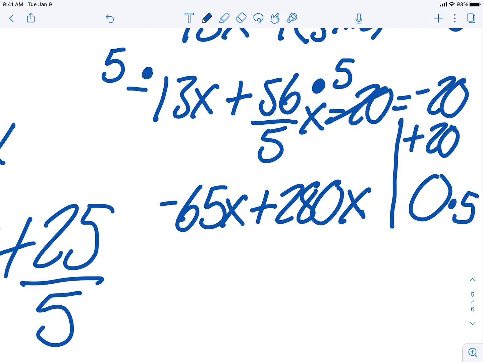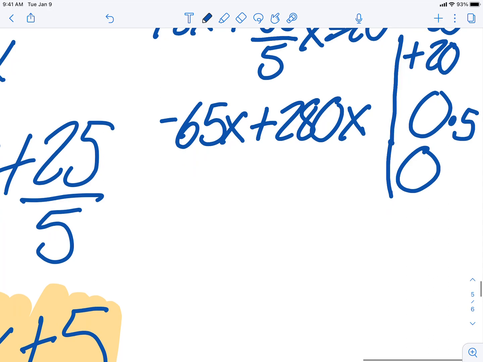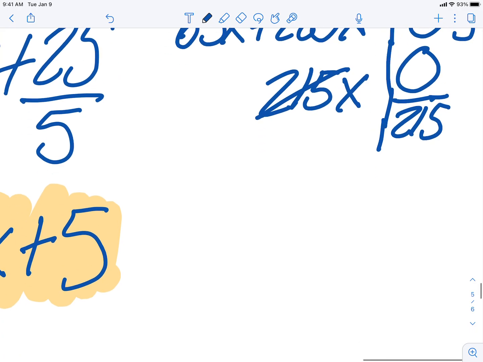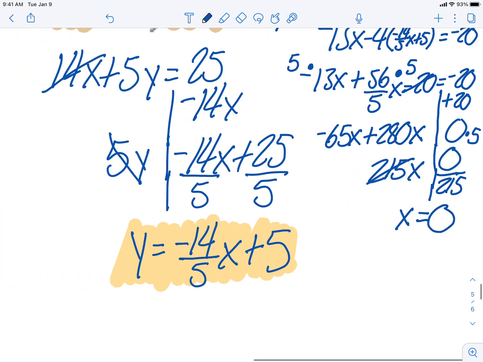And 5 times 0, well, that's just 0. Right? So negative 65x and 280x is 215x. Well, the opposite of multiplying by 215 is dividing by 215. So I get x is equal to 0 divided by 215 is 0.